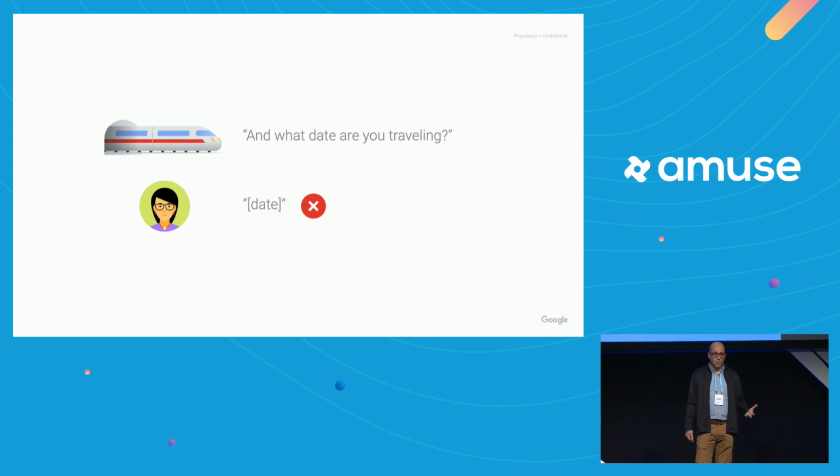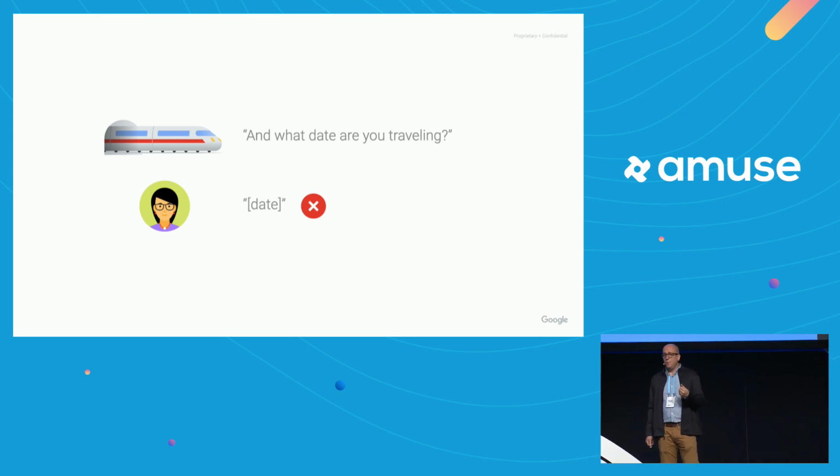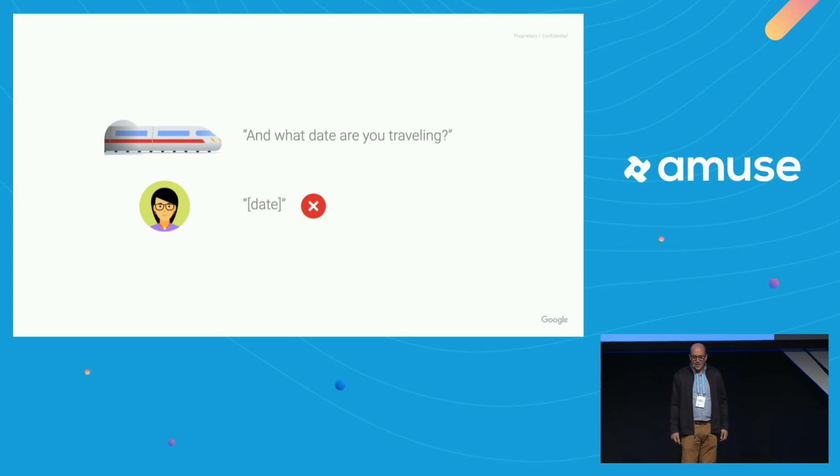Now we had a grammar, that's the list of things that the system can understand. We had a grammar that recognized dates, and it recognized things like tomorrow and today and Monday and Tuesday, but for some reason it wasn't performing. And it took us talking to customers, novel idea, before we found out what was going on.